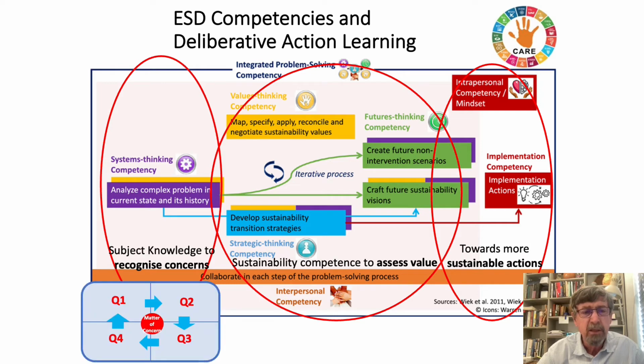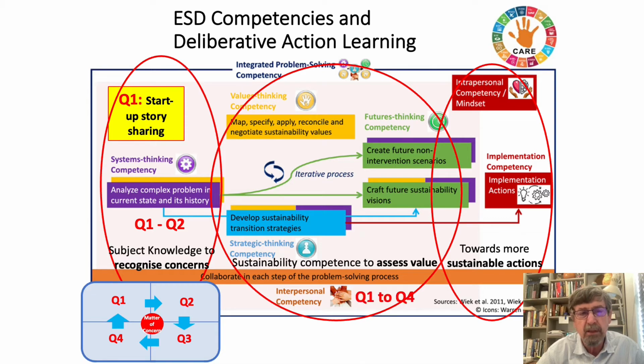And when we looked at this with the 4-quadrant model, we were able to see, okay, so in quadrant 1, we can have our startup story. This can expand into quadrant 2, when they will be finding out more, developing interpersonal competences, developing values thinking and competency in that area, strategic thinking, and also the iterative processes that they're able to do in terms of the actions, into interpersonal competences and mindset, and then into the implementation.